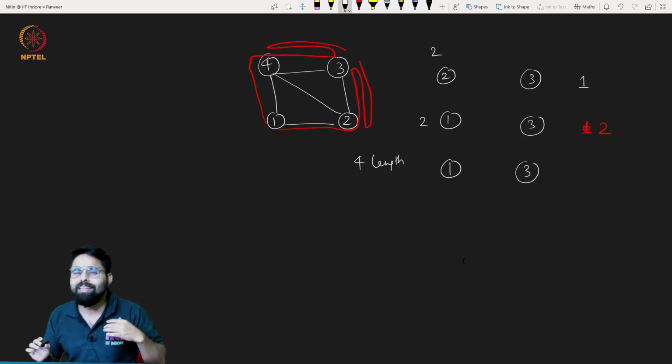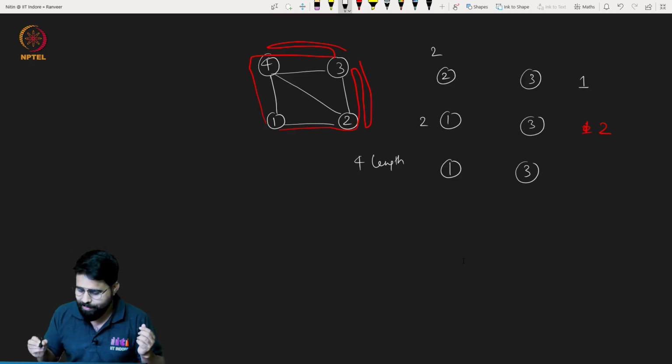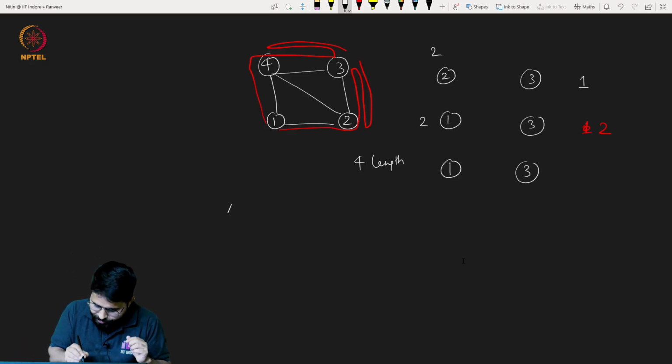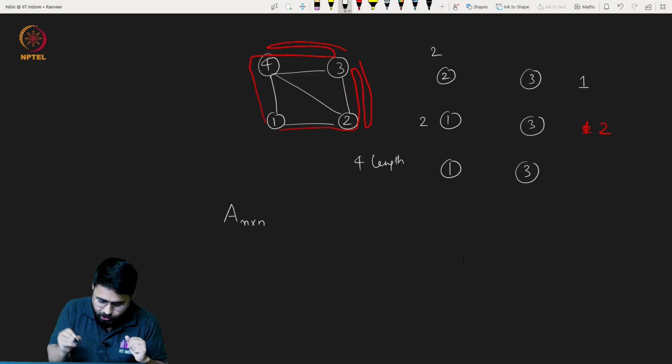So what is the adjacency matrix? The adjacency matrix is in fact much simpler. A matrix A of order n cross n is called the adjacency matrix corresponding to some graph G in which there are n vertices.